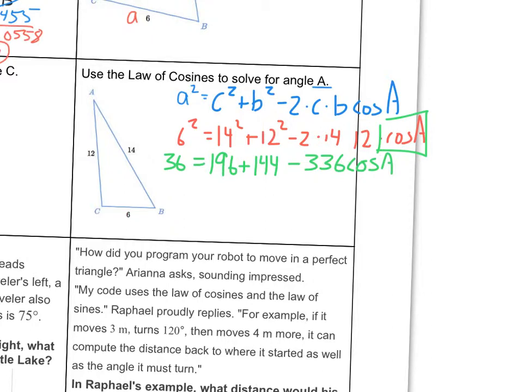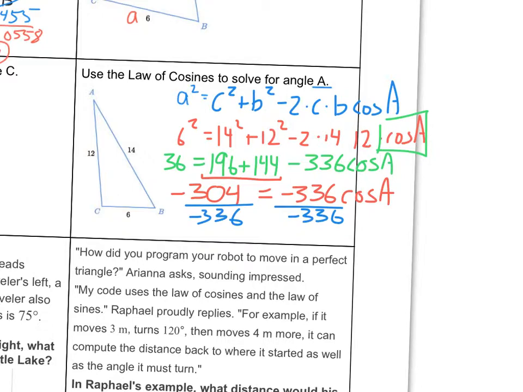We could certainly combine 196 and 144, but we're going to subtract those from the other side. So if we did 36 minus 196 minus 144, this is going to end up being negative 304, is equal to negative 336 cosine of A. To get cosine A by itself, we're going to divide by negative 336.